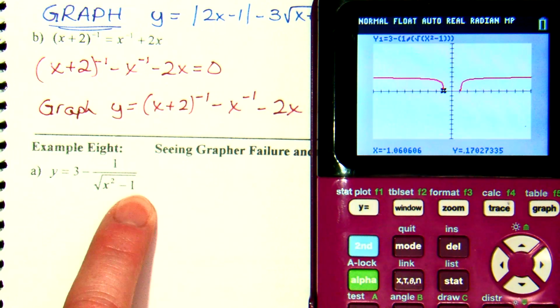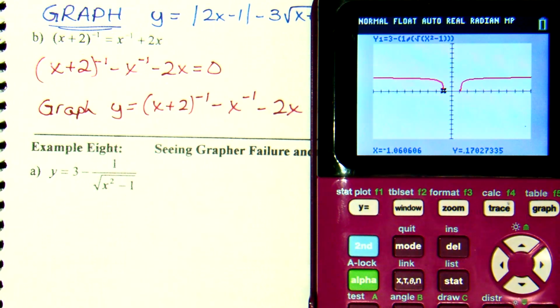If we put in 1 here, does this work? 1 squared is 1. Minus 1 is 0. What just happened? You've got a 0 where? In the denominator. Can we have 0 in the denominator? No. So does this graph actually touch the x-axis there? No. So if I recall correctly, this is probably a no solution.